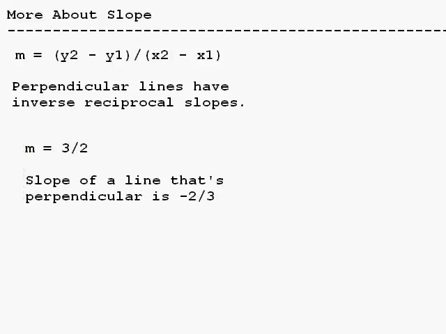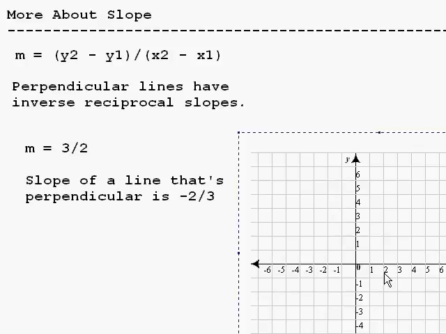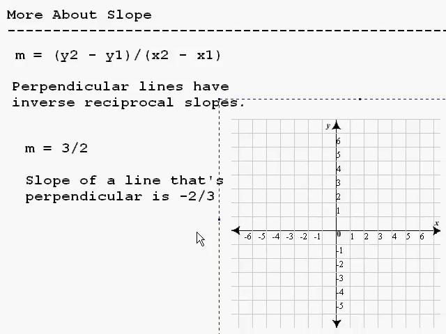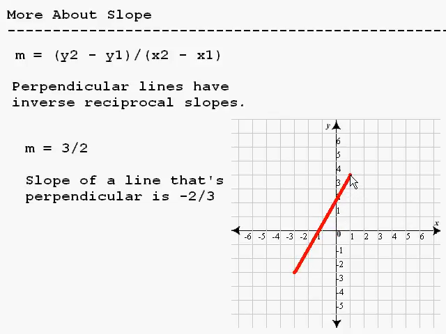Let's say we have a line with a slope of 3/2. So a run of 2 for a rise of 3, run of 2 for a rise of 3. Let's draw a line perpendicular to it. We'll do this one in blue.